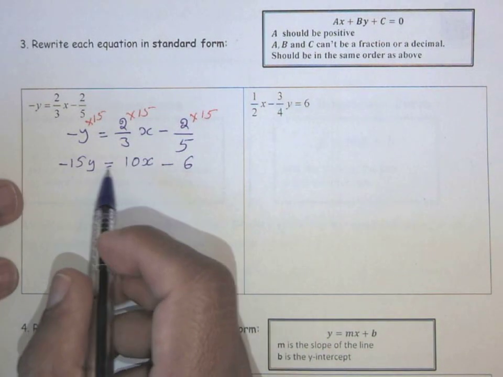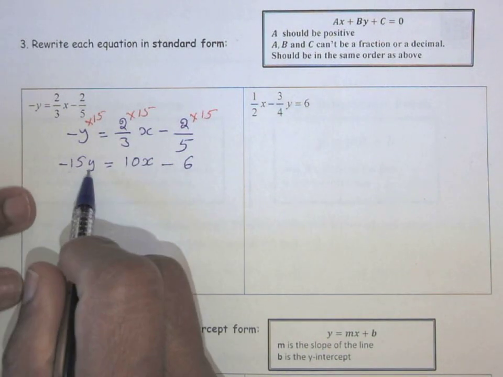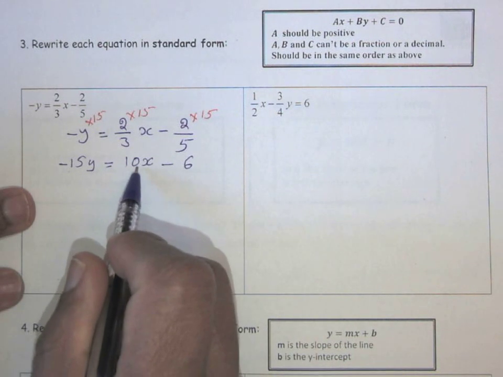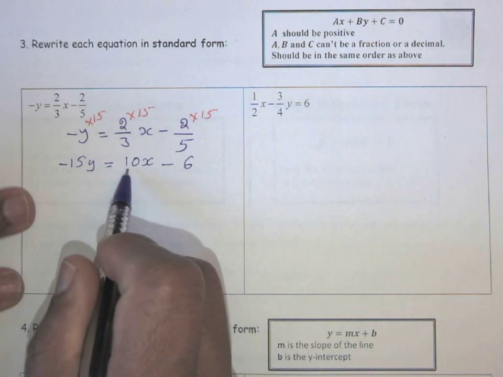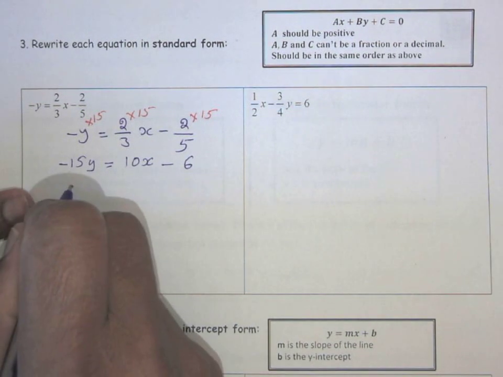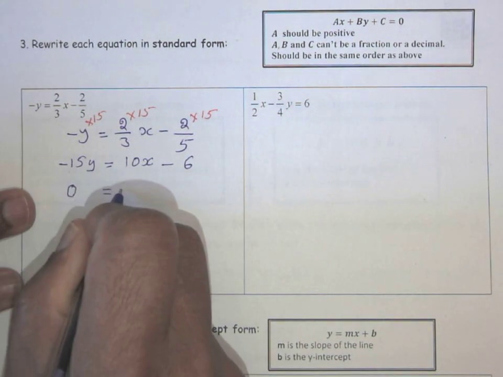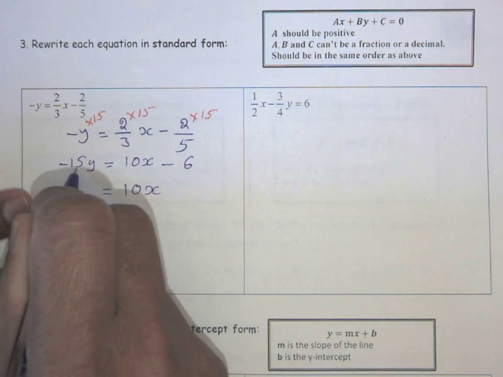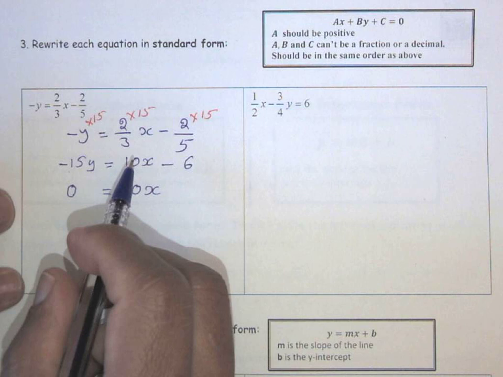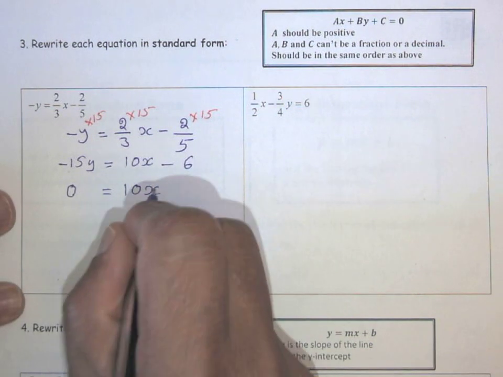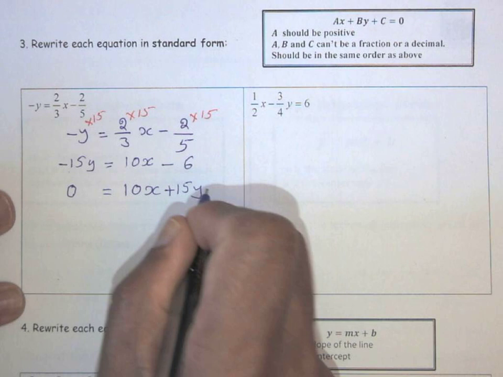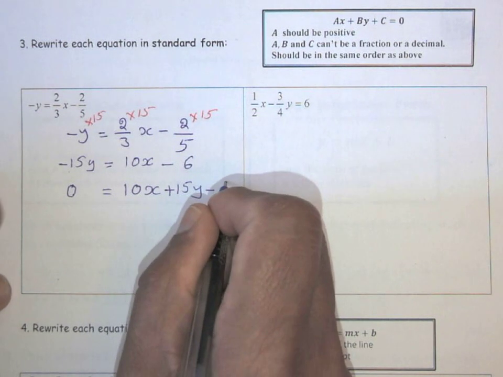And now we need to transpose this 15y to the right side. 10x is already positive, so I'm going to leave that 10x on the same side. So this side becomes 0, this equal to 10x. And if we take this 15y to the right side, as you know, it changes the sign. So negative 15y becomes 15y, and the negative 6 stays negative 6.